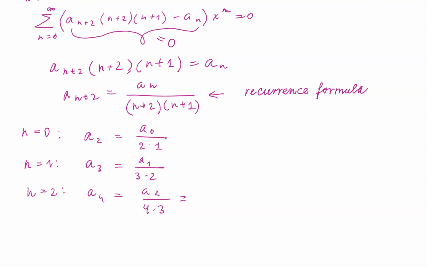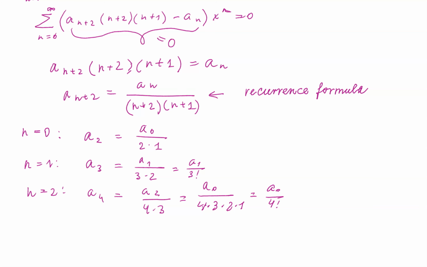But I do know a2 already, so I'm going to plug it in. That's a0 over 4, 3, and then 2 and 1. I can actually write down a0 over 4 factorial. And here I can write down a1 over 3 factorial, right?